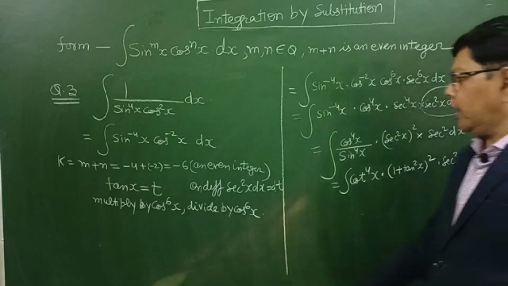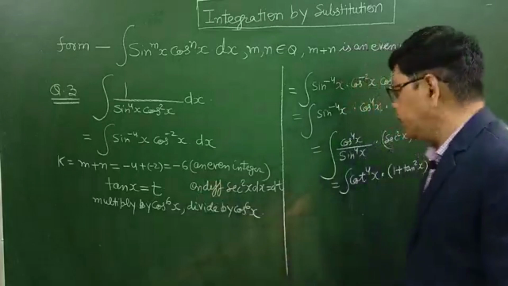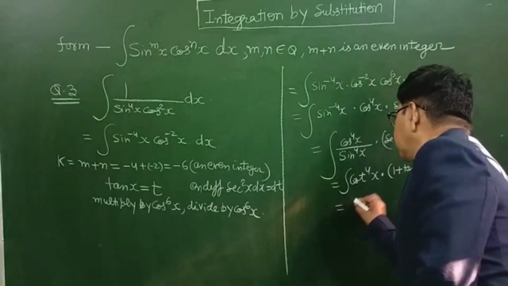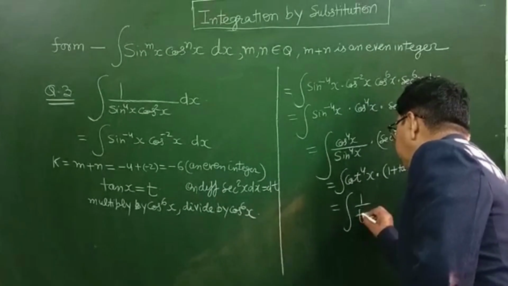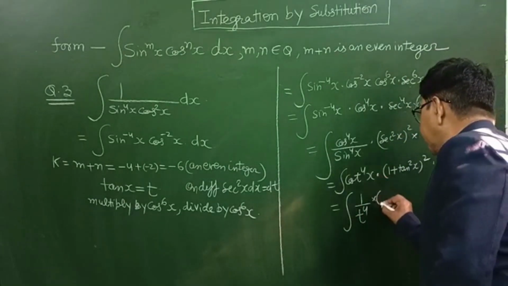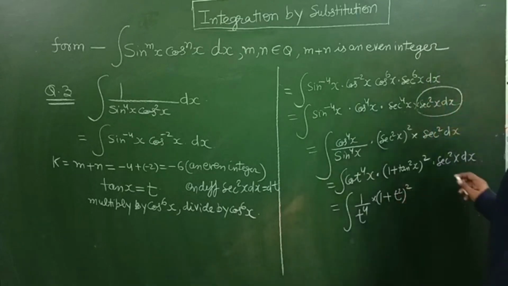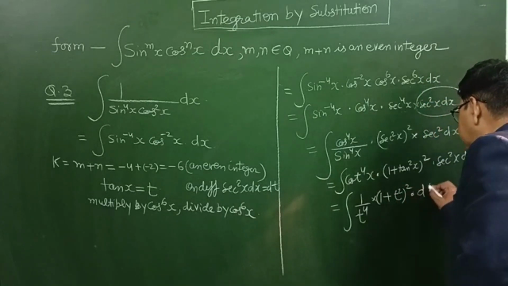Now I have taken tan x is equal to t, so cot x is equal to 1 upon t. So I can write this is equal to 1 upon t4 cot 4x into 1 plus tan square x means 1 plus t square whole square into this sec square x will be replaced by dt.